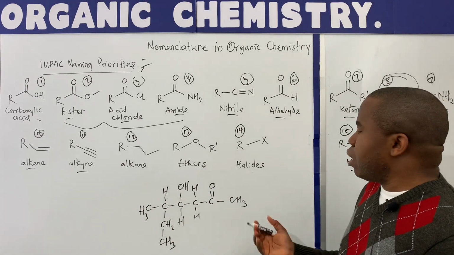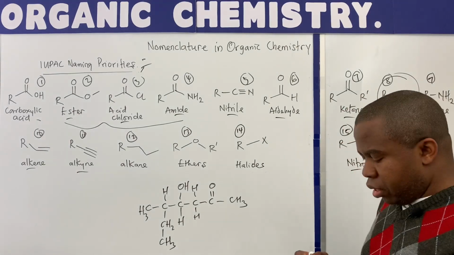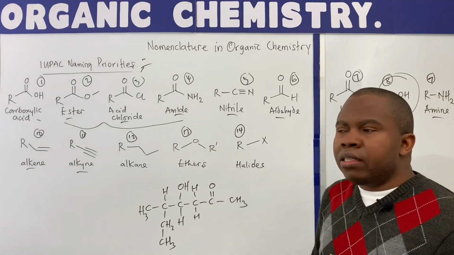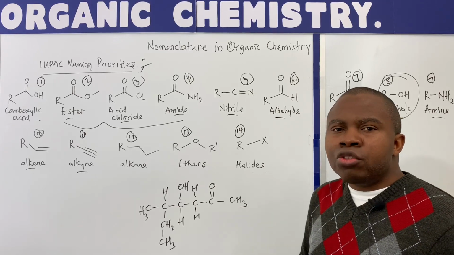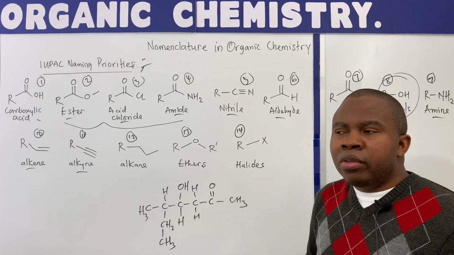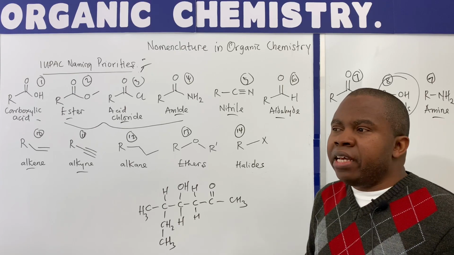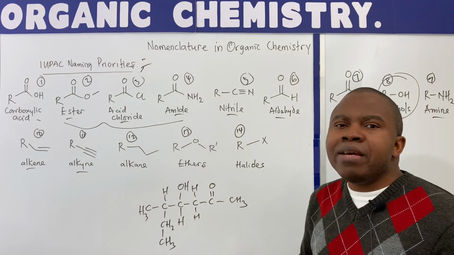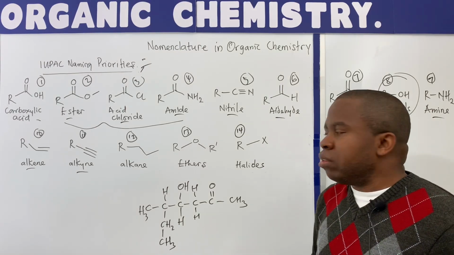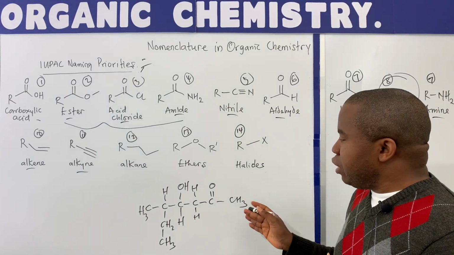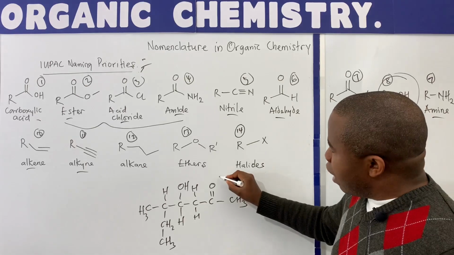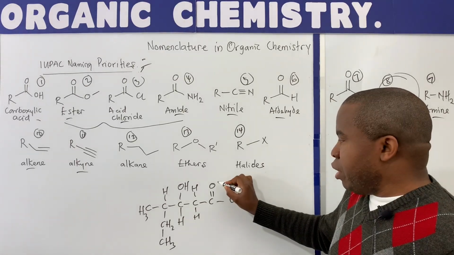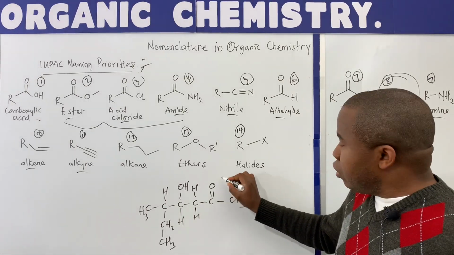So this is another example, and the first thing, like I said earlier, that you need to do is to identify the functional groups that are present in the molecule. The functional groups first, and then you determine the parent name of the compound in question. So if you take a look at this molecule, you will see that we have an oxo group, but I'll call it a ketone group.